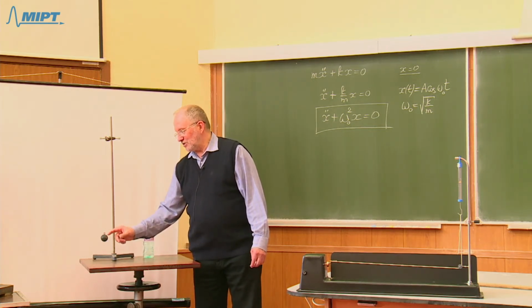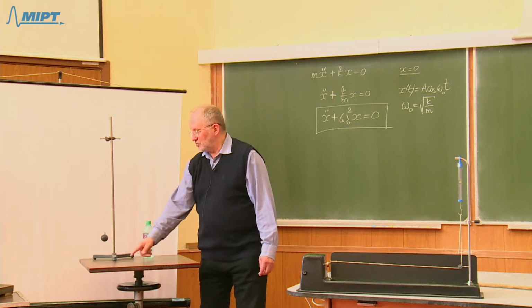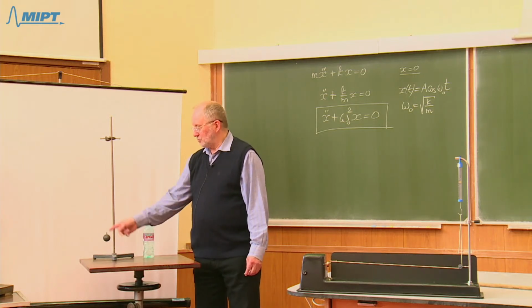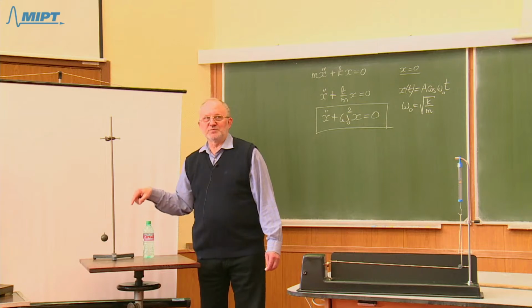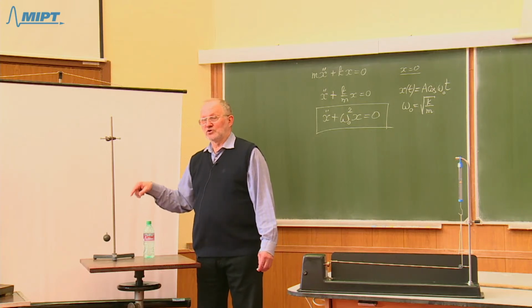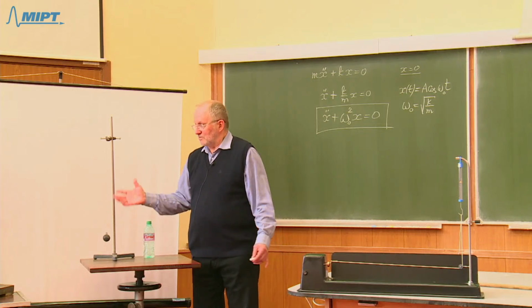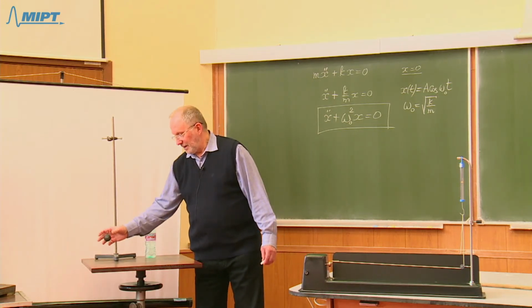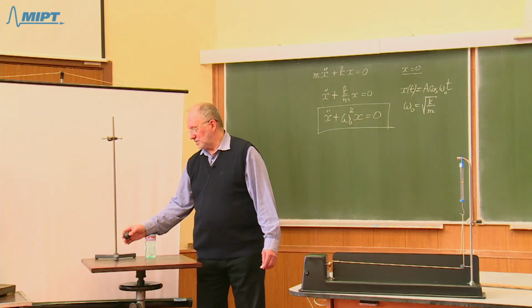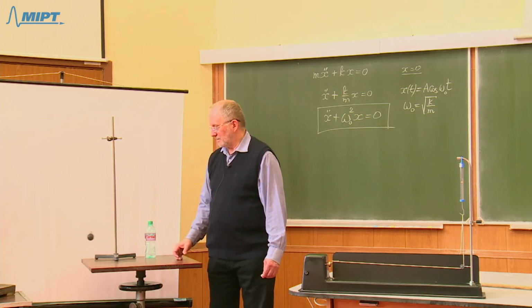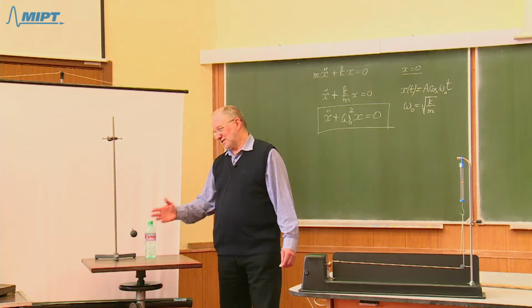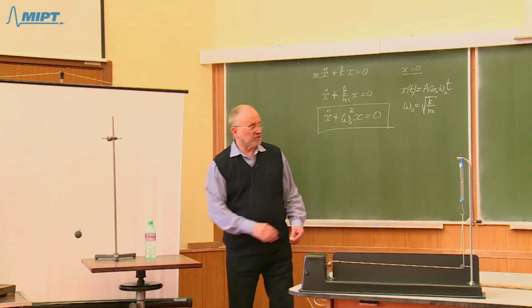However, if the diameter of the ball is large and you attempt to use such a large ball, then it will not be an ideal pendulum. It will not be a mathematical pendulum. It will be a physical pendulum, and we will consider such a situation today. But first of all, I would like to consider mathematically such an oscillating motion, which you can observe here.